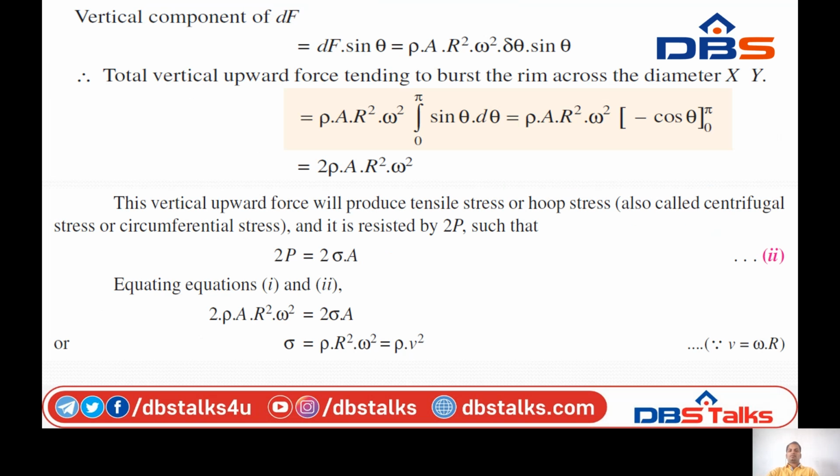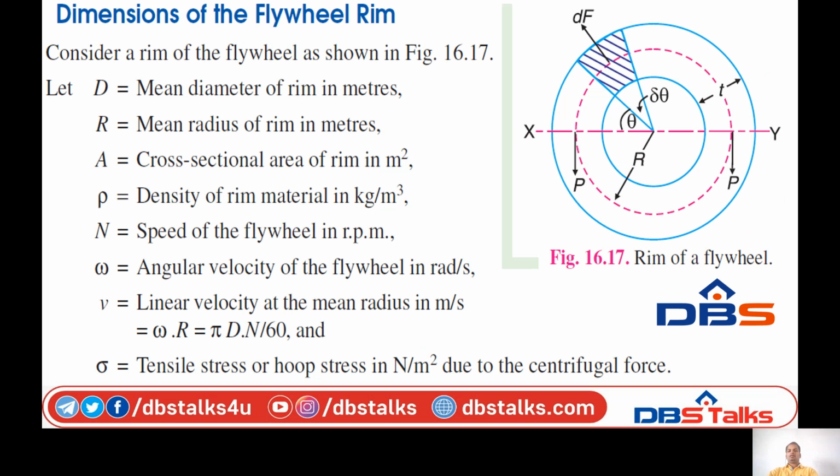This upward force produces the tensile stress or hoop stress, also known as centrifugal stress, which are circumferential stresses, and it is to be resisted by 2P. Actually, these act in the opposite direction, as we can see in the diagram, that is P, which is acting downward about the center of XY at the two positions. So we calculate it as 2P.